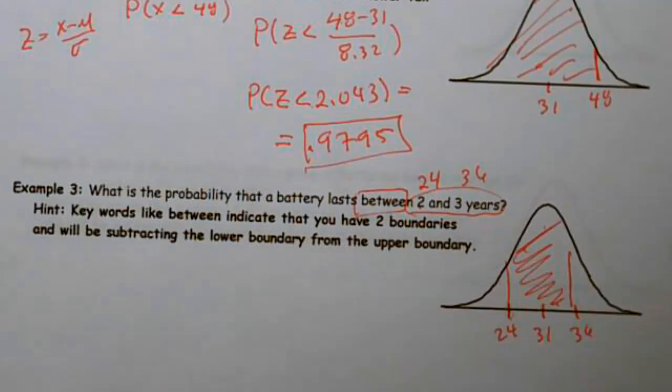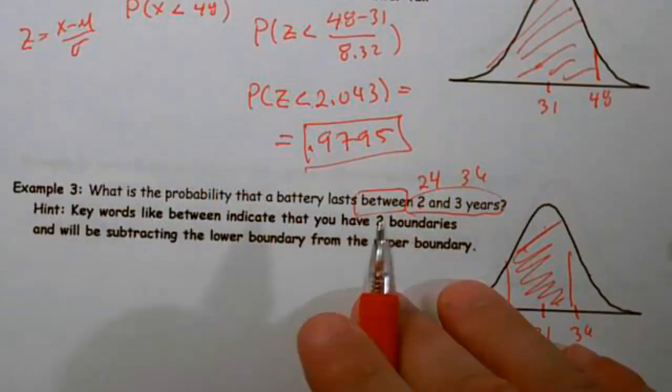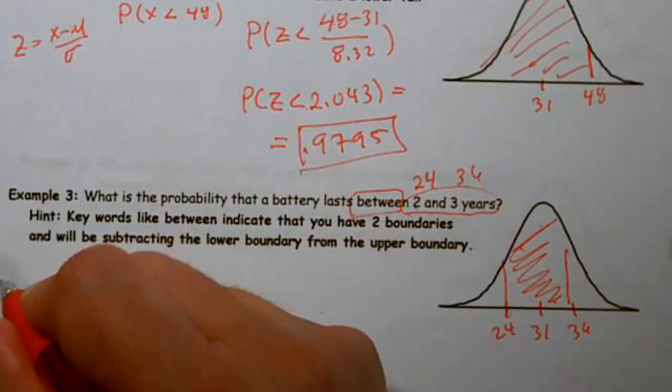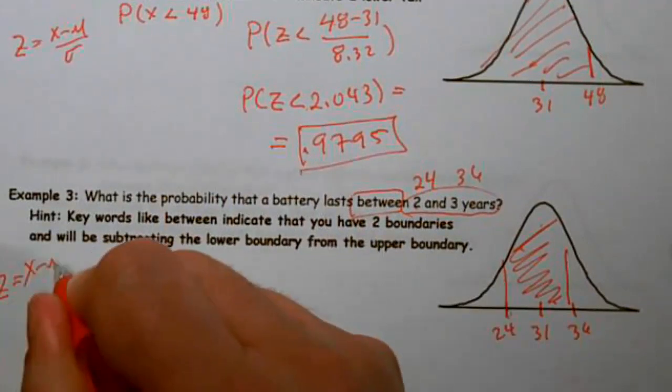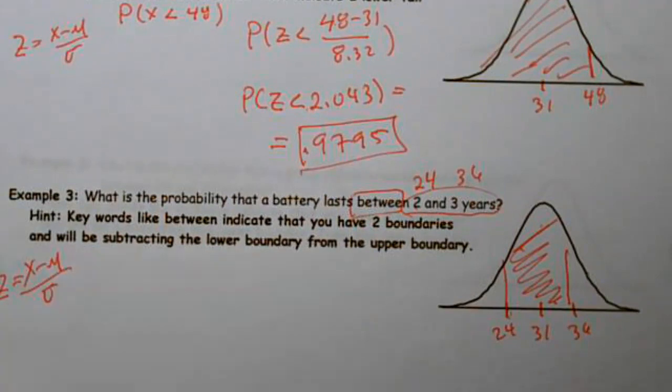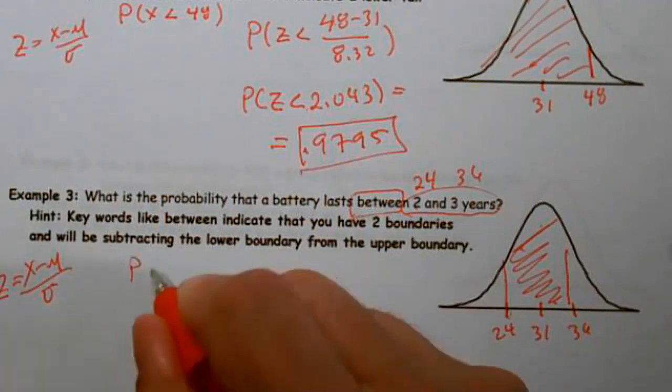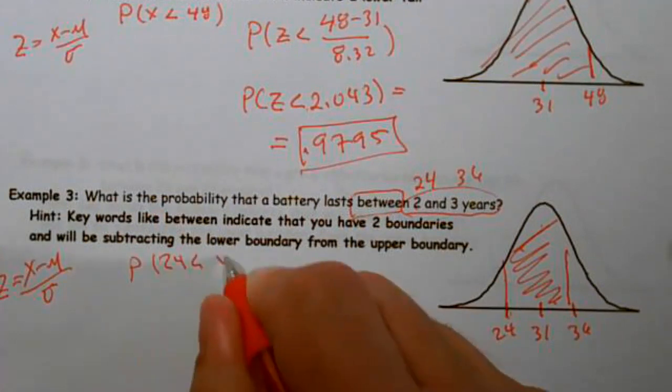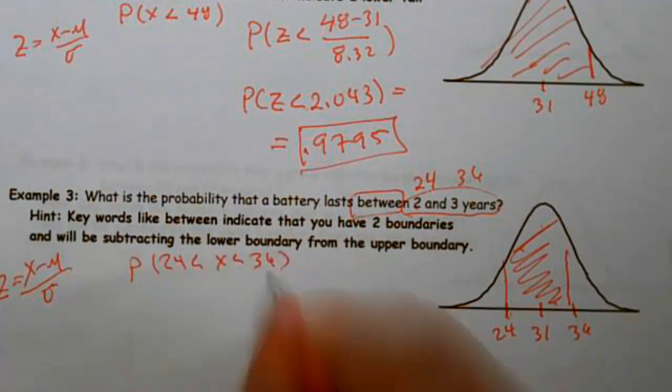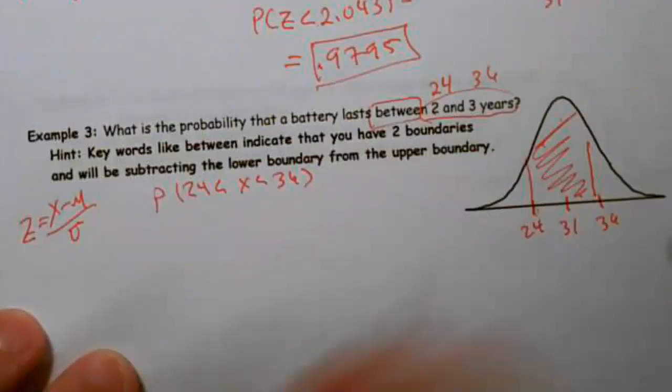All right. If I have 2 boundaries, I need to set up two formulas. In this case, Z equals X minus mu over sigma. And we're looking for the probability that 24 is less than X is less than 36. So here's what I do.